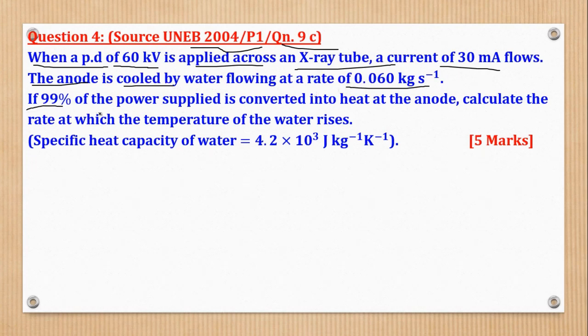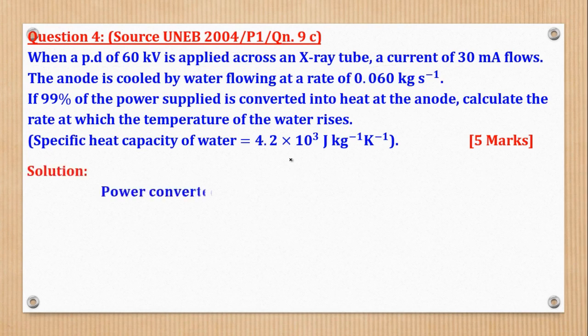If 99% of the power supplied is converted into heat at the anode, calculate the rate at which the temperature of water rises. Specific heat capacity of water is given as 4.2 × 10³ joules per kilogram per Kelvin.